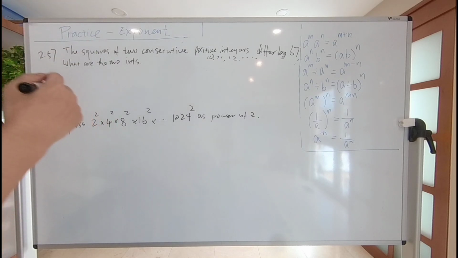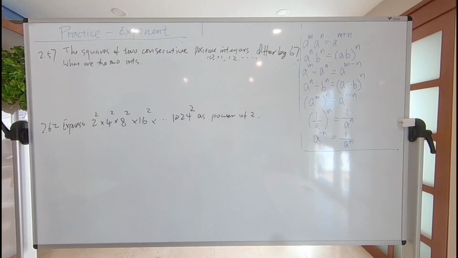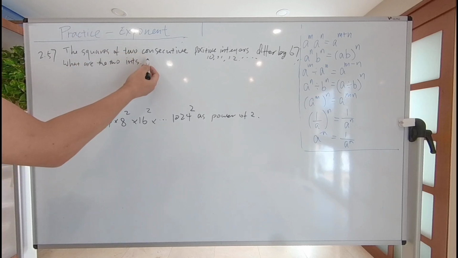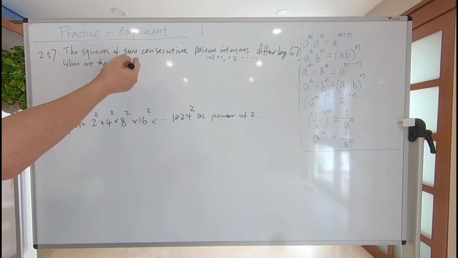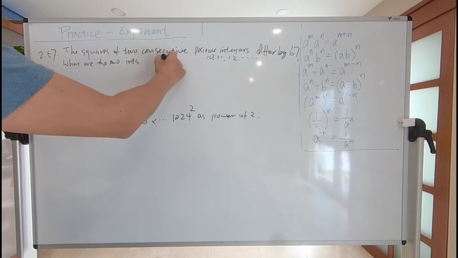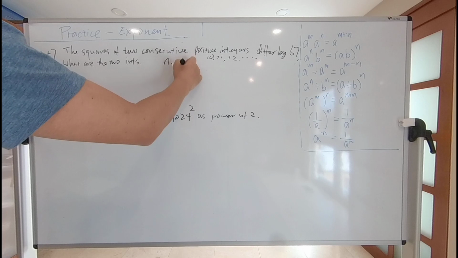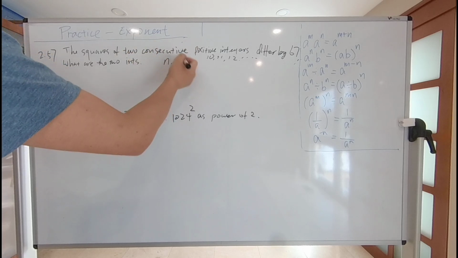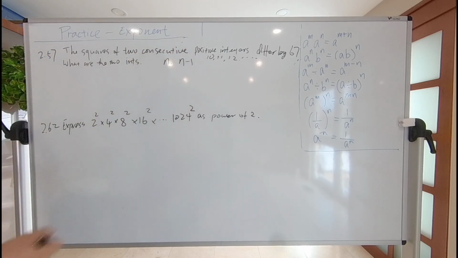So this is one way, but probably time consuming. There's another way, because we know that the two numbers must be next to each other. So which means if I know one number is n, the other number must be n minus 1 or n plus 1, it depends on how you want to define it.